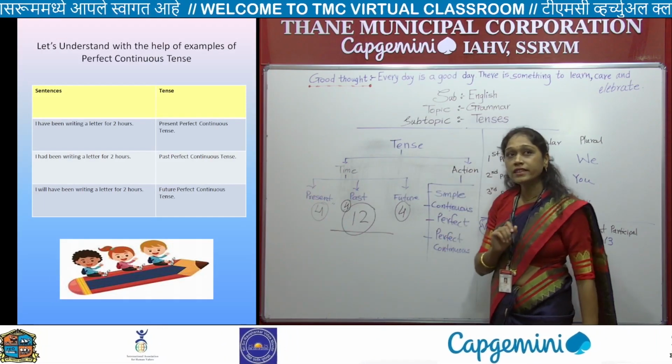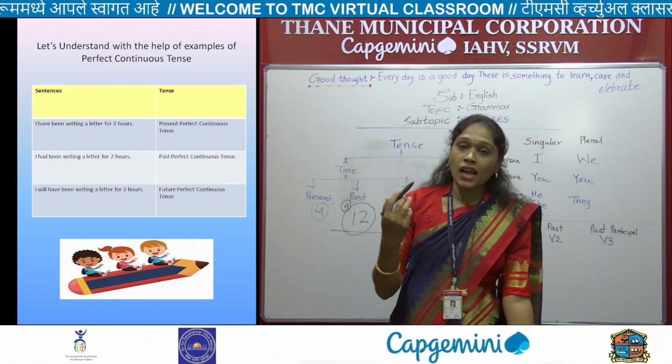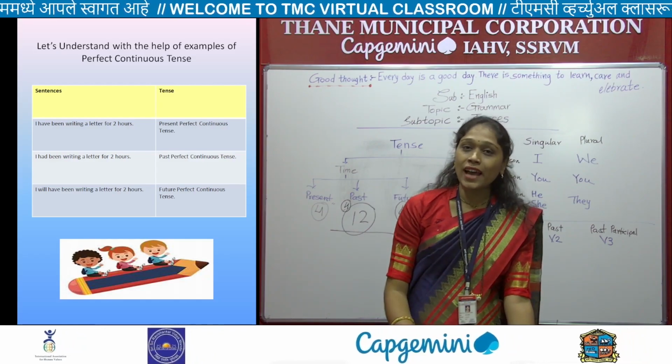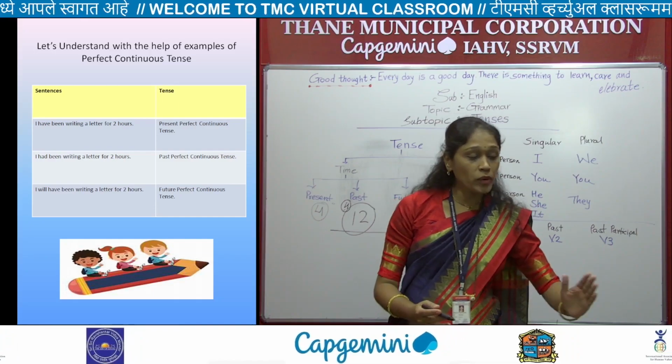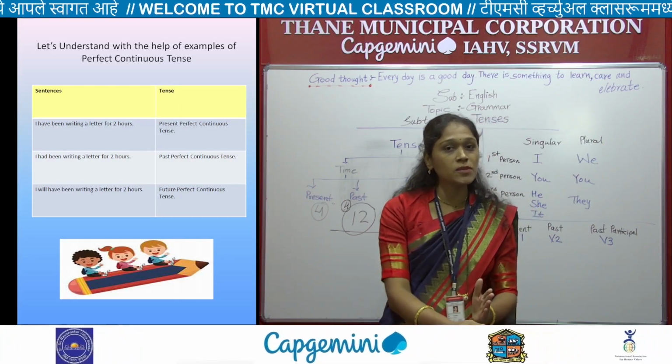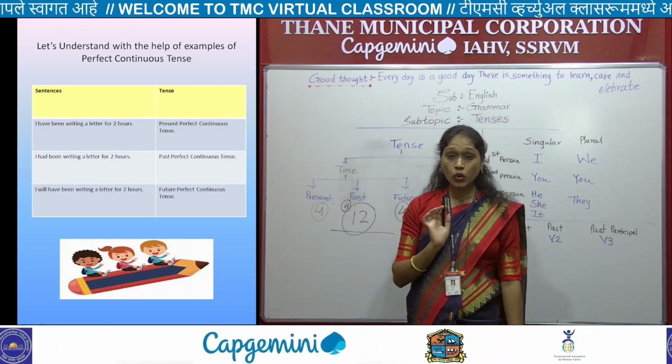Perfect continuous tense means चालू पूर्ण काळ, म्हणजे ती क्रिया चालू झालेली आहे परंतु एका ठराविक कालावधीत ती पूर्ण झालेली आहे. तोपर्यंत ती चालू होती आणि ती नुकतीच पूर्ण झालेली आहे. See, I have been writing a letter for 2 hours.